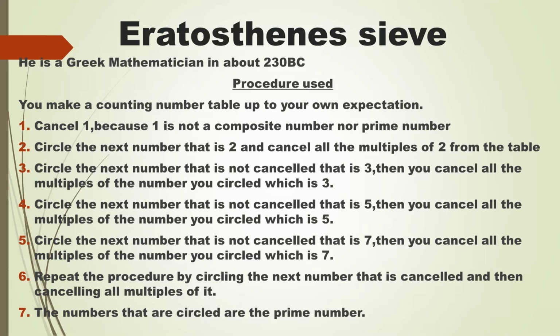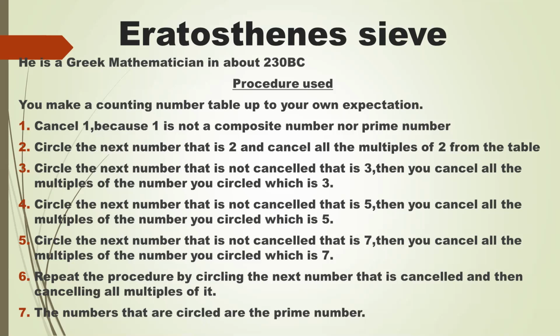You are going to do the practical aspect of this, but the person who invented this procedure to derive prime numbers from given numbers is named Eratosthenes. He is my uncle.